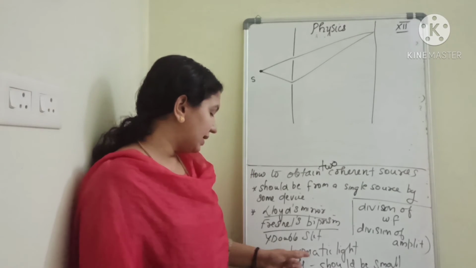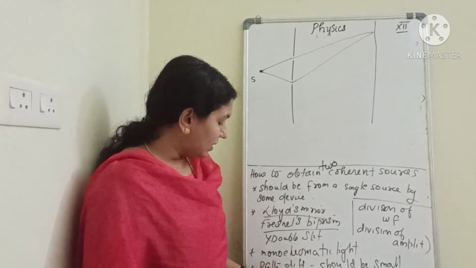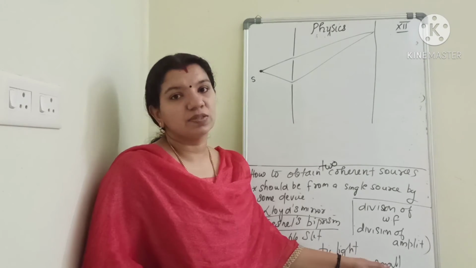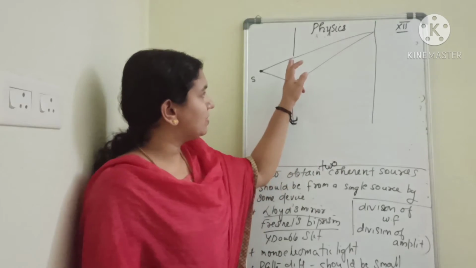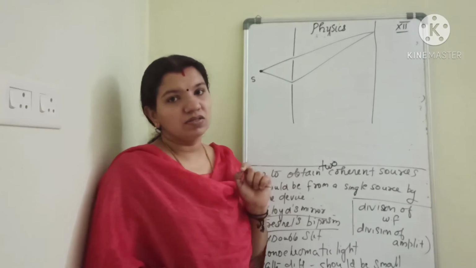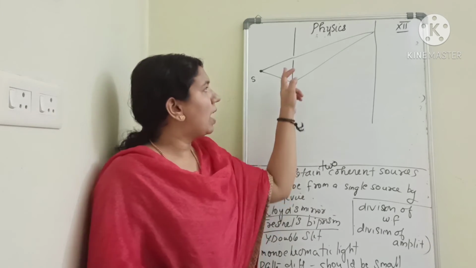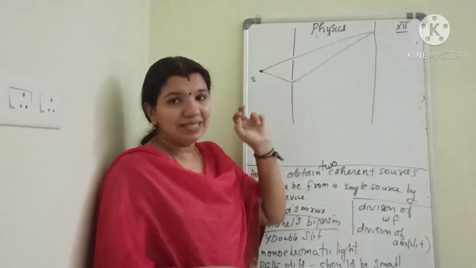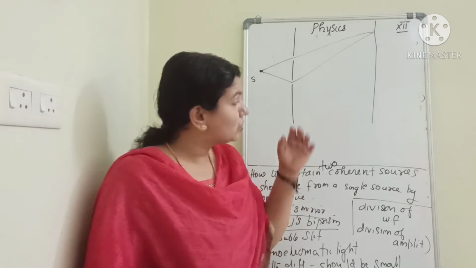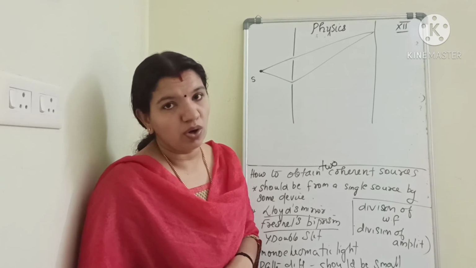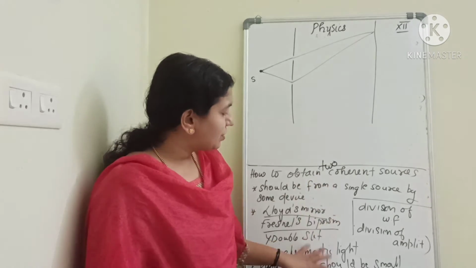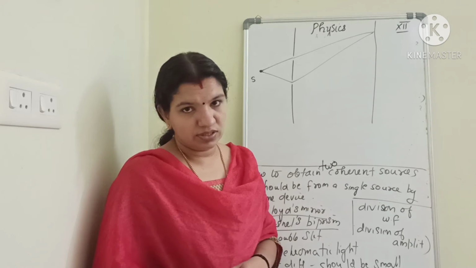So monochromatic light should be used, and the path difference between these two slits, or these two sources, should be small. So these are the conditions to obtain two coherent sources.